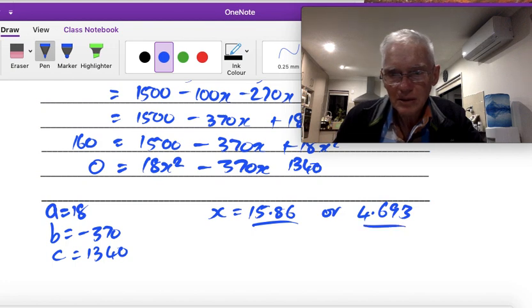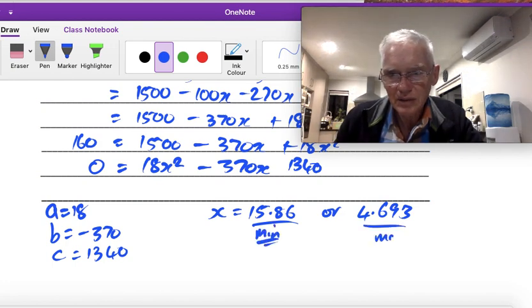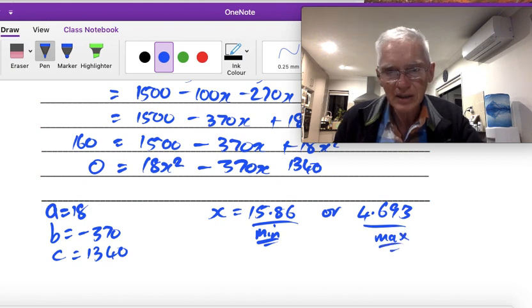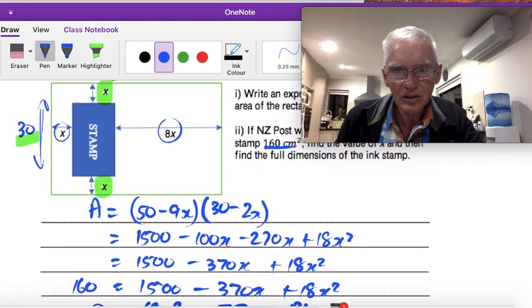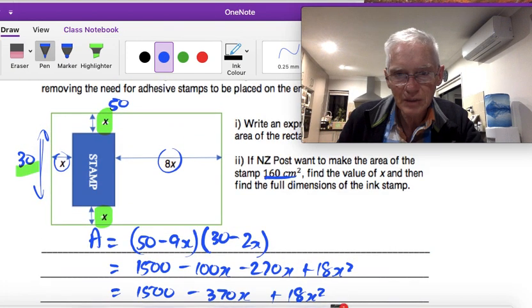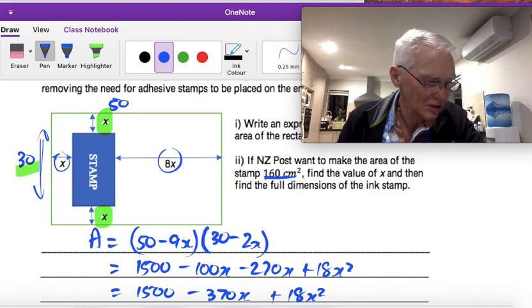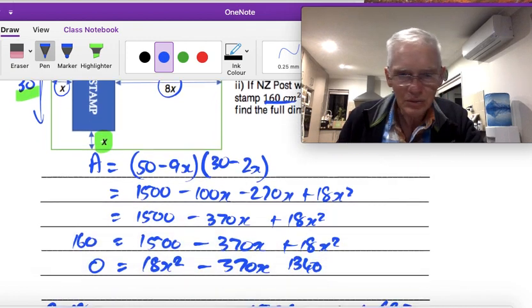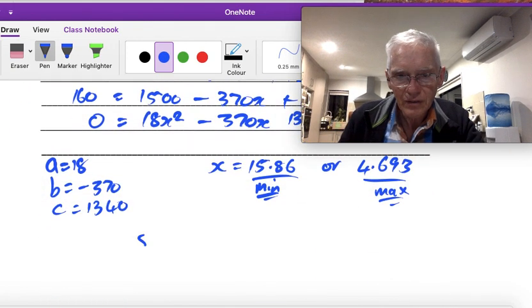One of them is a minimum. This will give you the minimum area, and this will give you the maximum area. And so we're using this one here for the maximum area, and put it in the dimensions that we've got here. 50 minus 9x will be your base, and 30 minus 2x will be your height. So we're going to do 50 minus 9 lots of 4.693.